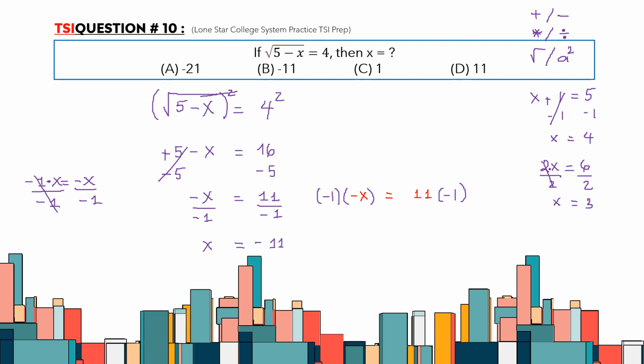By multiplying by negative 1, we have x on the left hand side and negative 11 on the right hand side. And just remember that a negative number multiplied by a negative number makes a positive product.